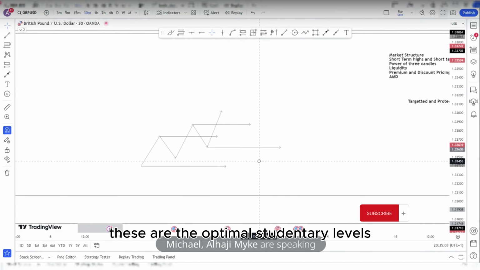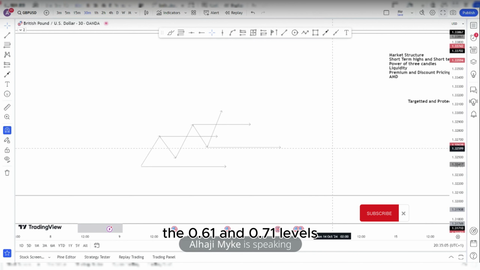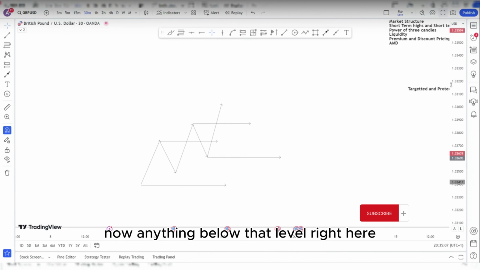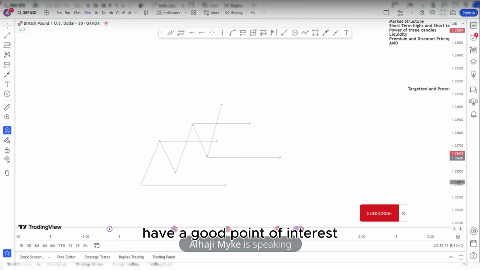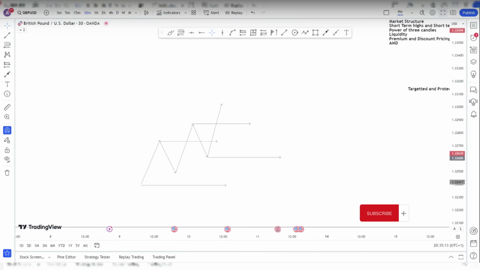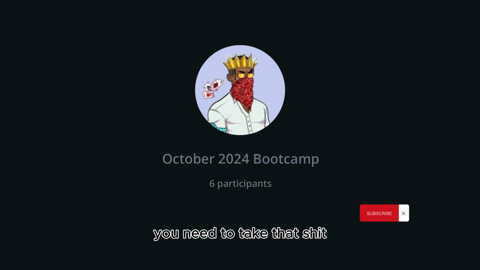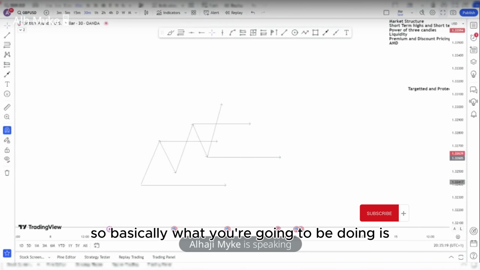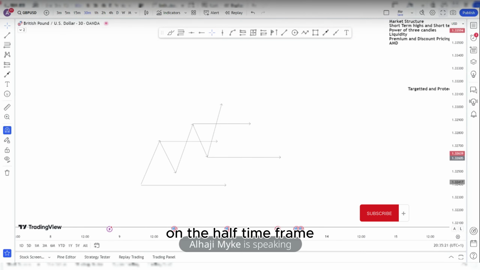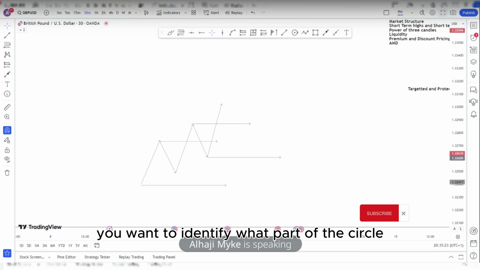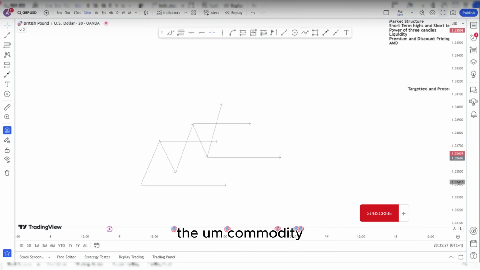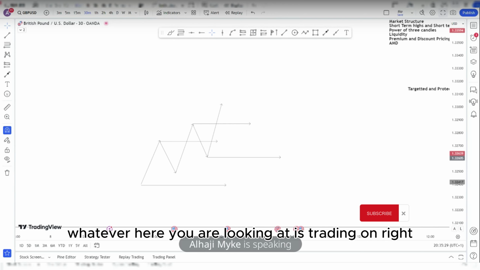Those are the optimal trade entry levels, the 0.61 and 0.71 levels. Now, anything below that level, right? If you have a good point of interest below that level, you already have one of the confluences you need to take that trade. So basically, on the higher time frame, you want to identify what part of the circle the commodity you are looking at is trading on.